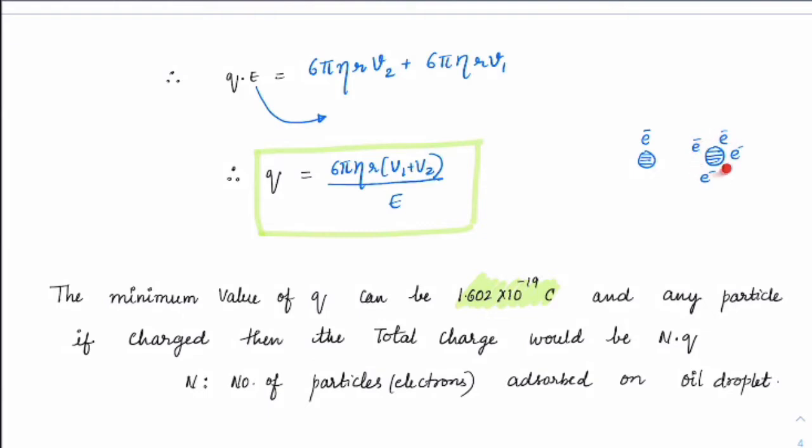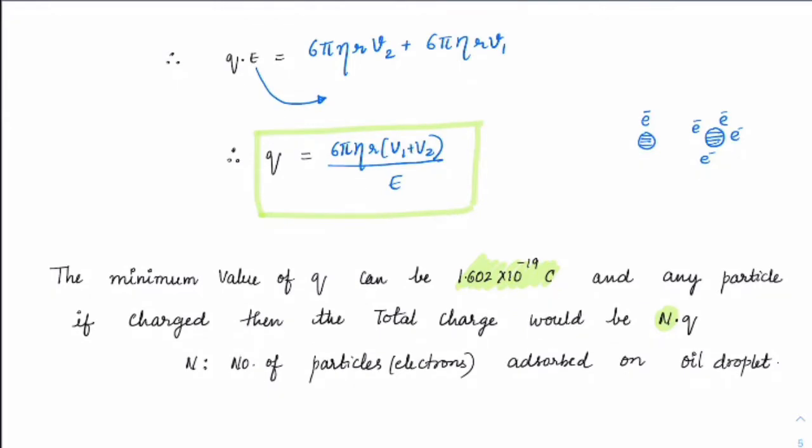For example, this was 4 times that value. If there are n particles, you'll have n times that value, right? So the total charge would always be n times that Q. The smallest value he found was this. Then he realized that this is the exact charge of an electron. I hope that point is clear.